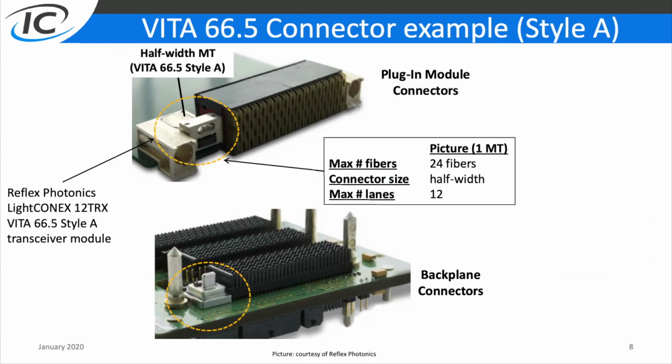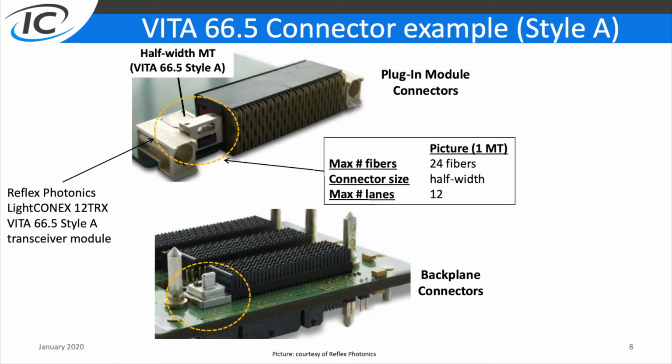So now that we've taken a look at the legacy 66.x connectors, let's look at 66.5. This is an example of a VITA 66.5 style A connector based on Reflex Photonics' LightConnect 12 TRX solution.